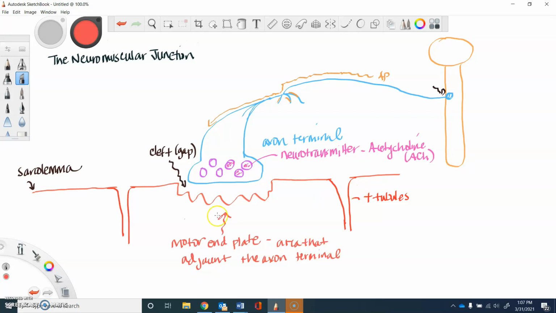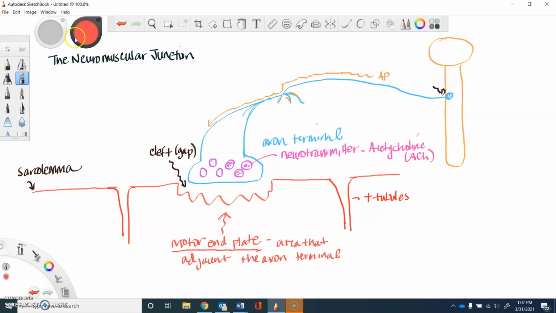So you can see the rest of the muscle cell's not in contact with that. It's not touching it anyway, even at the motor end plate, but this is where that cleft is, and where the axon terminal is coming close to the muscle cell.